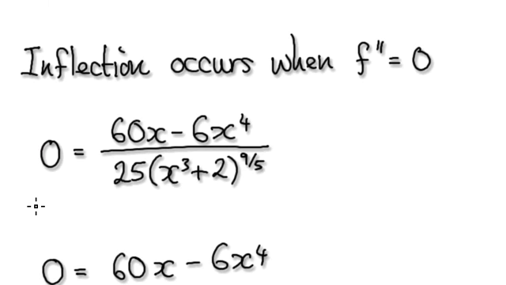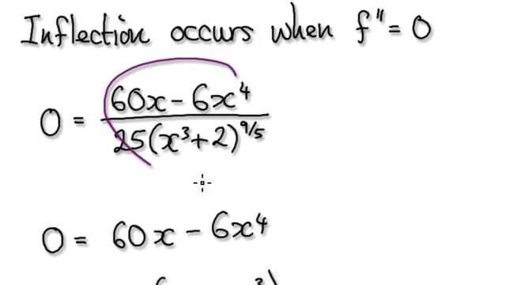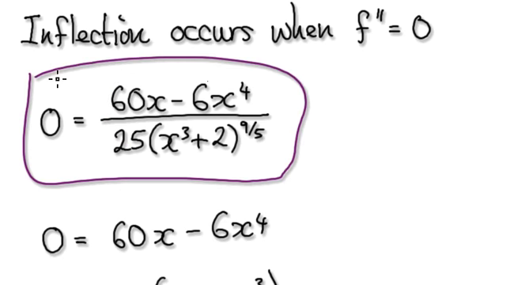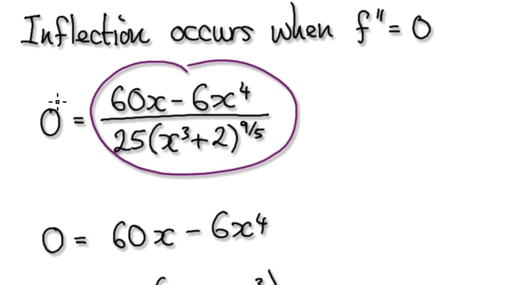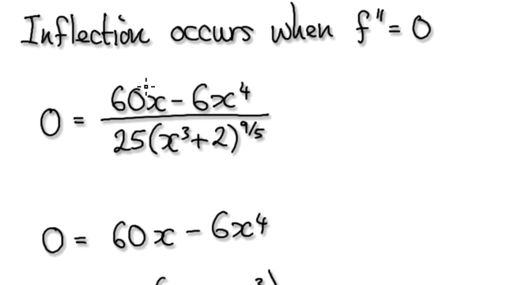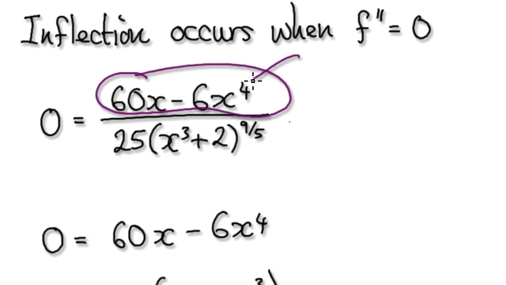Okay, so now find out when this thing equals 0. You see, this thing here equals 0 when this alone equals 0. Okay, so basically you want to find out when this whole thing here equals 0. So just concentrate on making this 0.